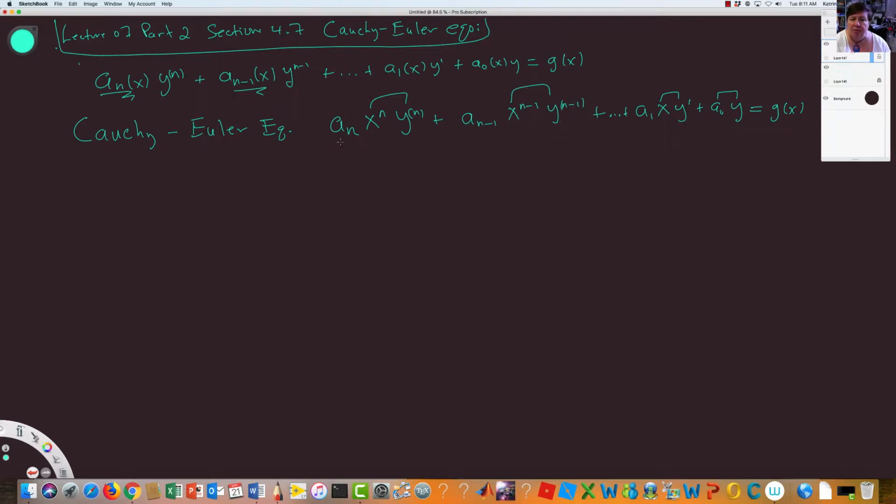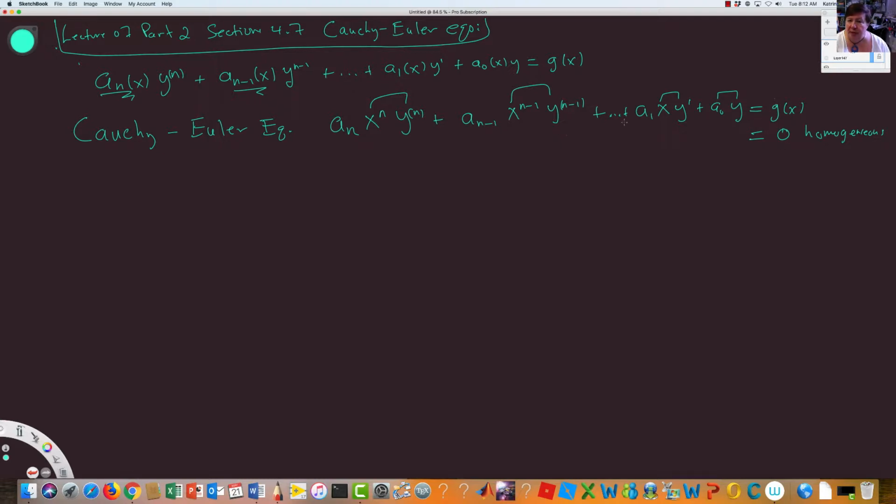Remember that the complementary solution is the solution to this when it's equal to 0 instead of g of x, which is the homogeneous equation.